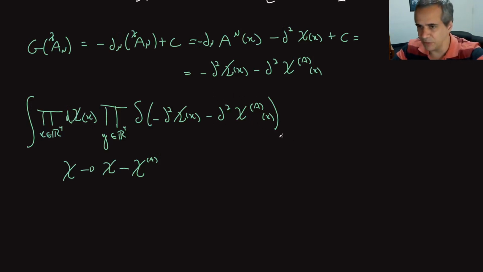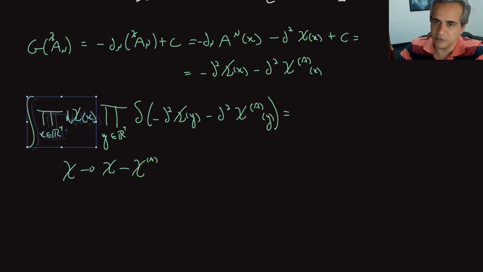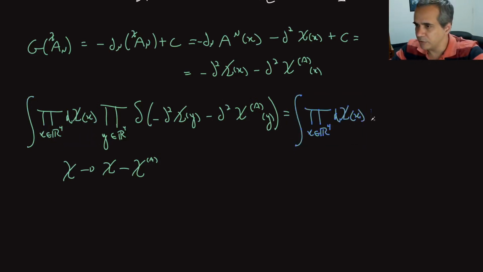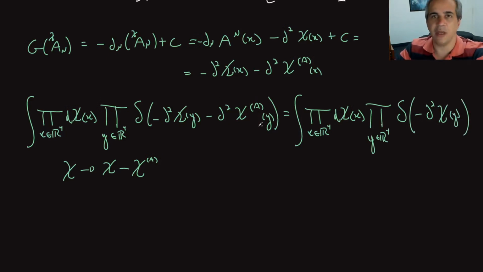So I eliminate this from here. This was on y, sorry. So essentially what I'm saying is that after the change in variables, I have this thing here, R4 delta of minus second derivative of chi of y, because this is a change by a constant function, if you want to think in terms of integrals, or just a number at each point in space x.